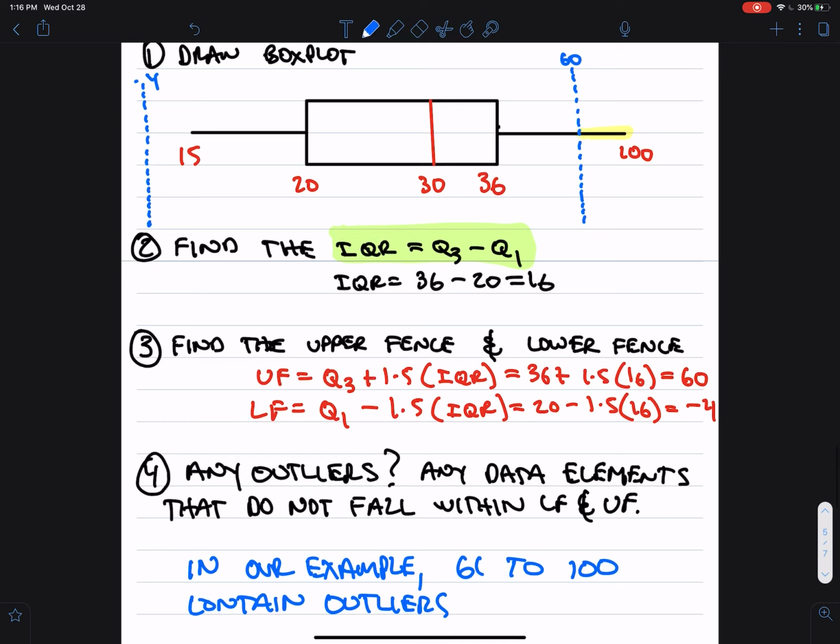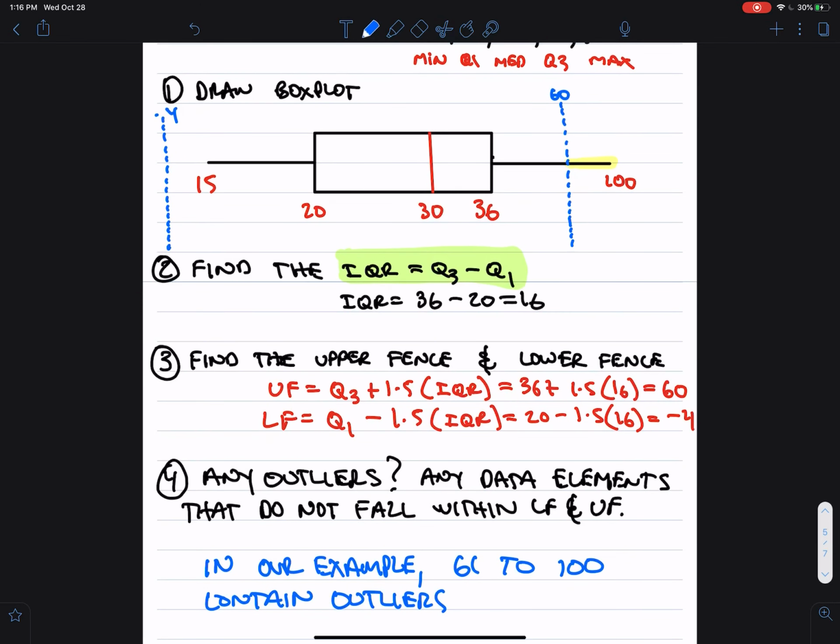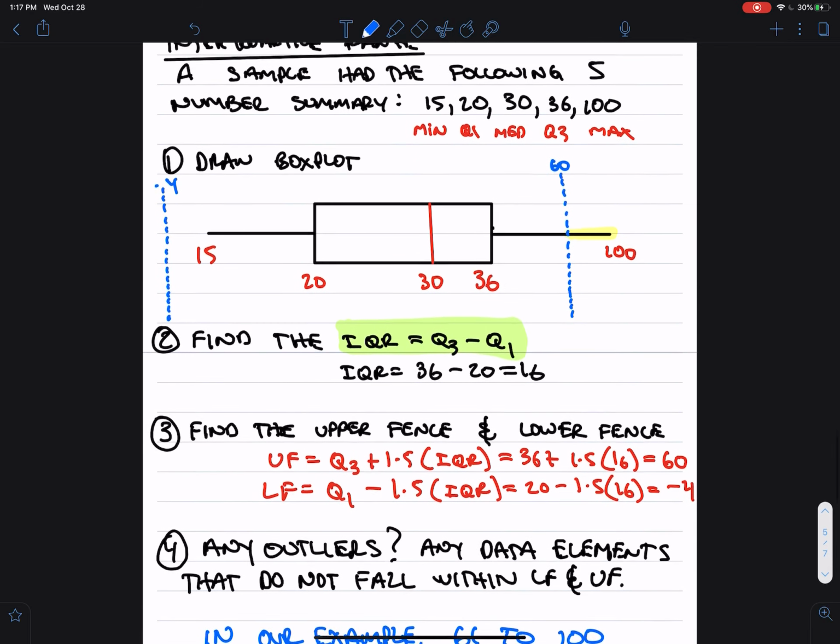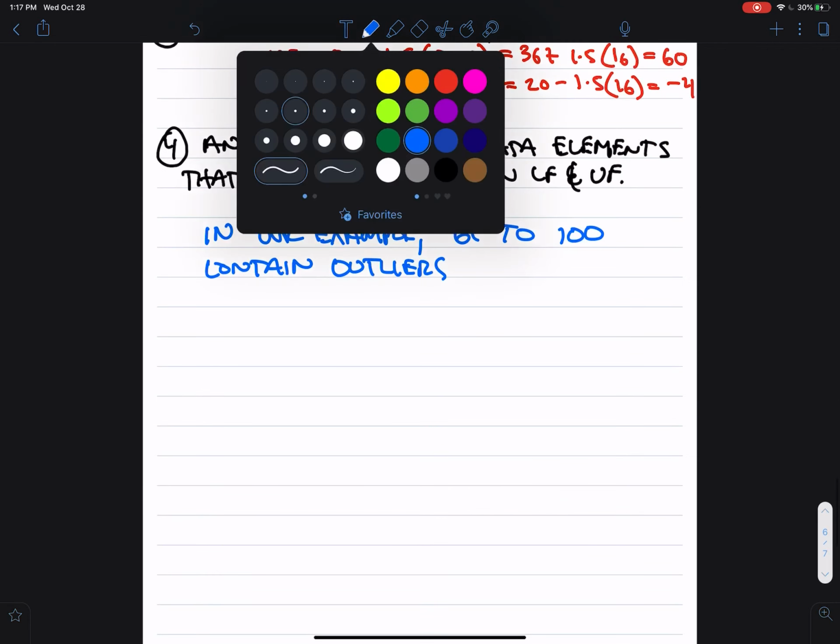Okay. Let's do one more example. Let's do another example with five-number summaries, finding upper fences and lower fences.